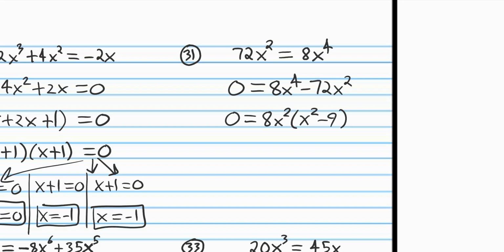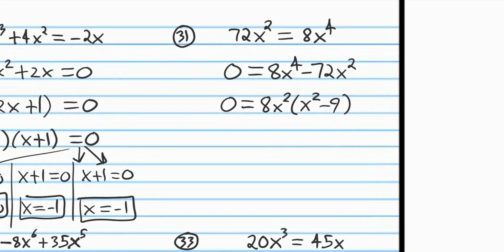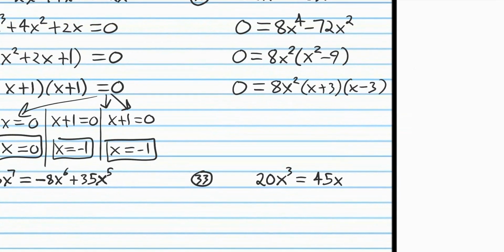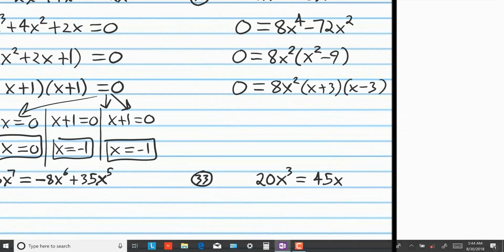And you can see that I'm left with the difference of 2 squares, so I got to keep going. So again, the only difference with these problems is that I had to put everything on one side first, then I had to solve. And of course the difference of 2 squares, that's going to be x plus 3 and x minus 3. This is all stuff that we learned in previous classes. So now we break it up.